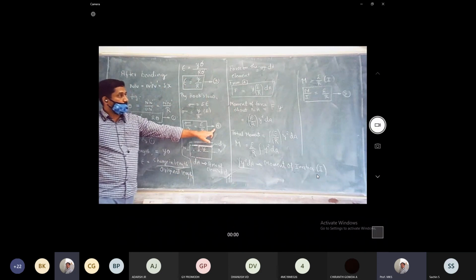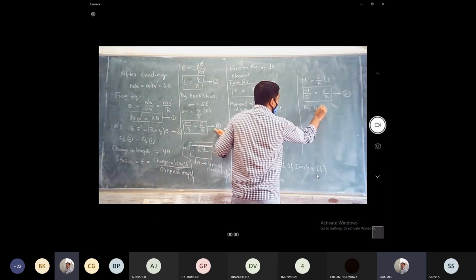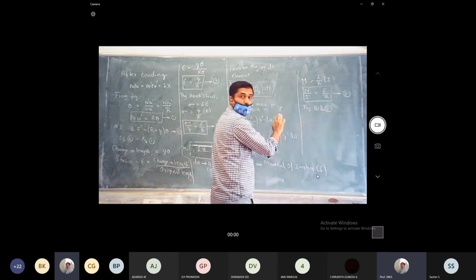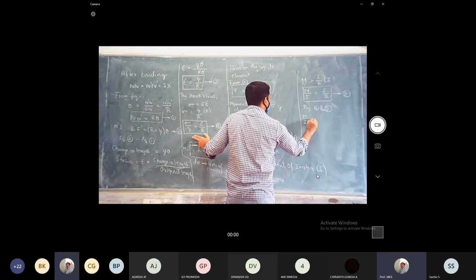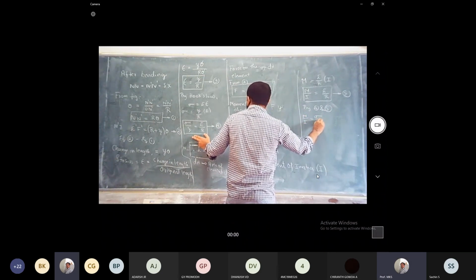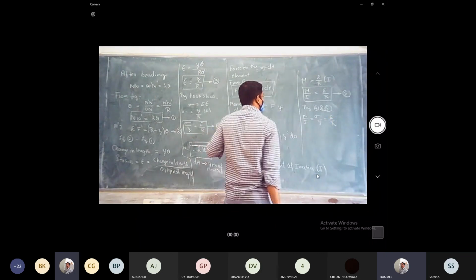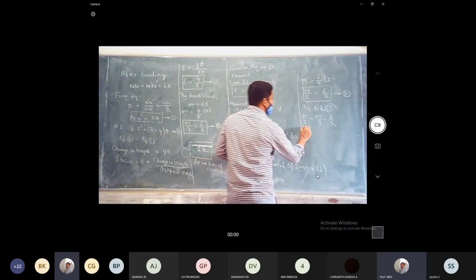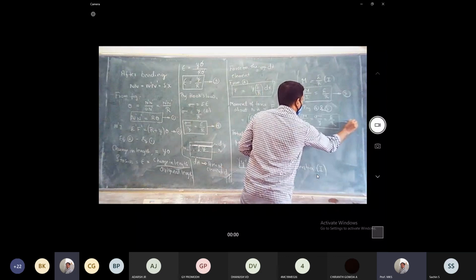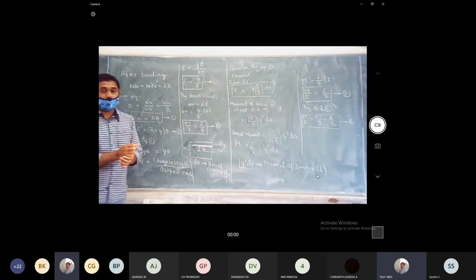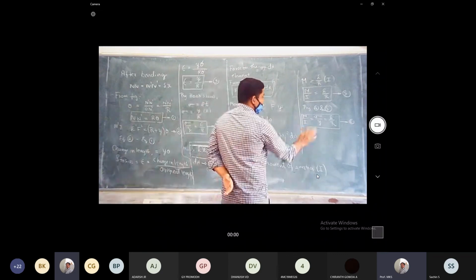Compare now equation 4 with 5. I can write M by I is equal to sigma by y is equal to E by R. This is the bending equation, equation 6, the bending stress equation for a beam.